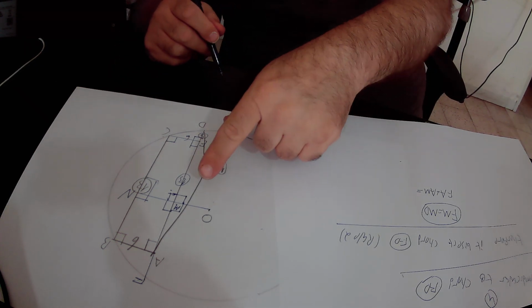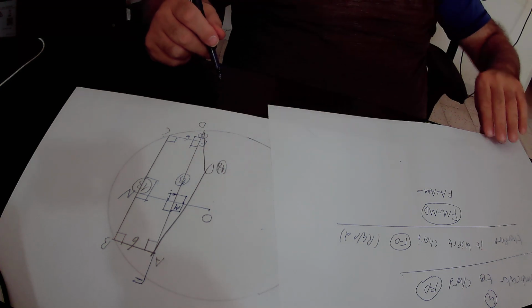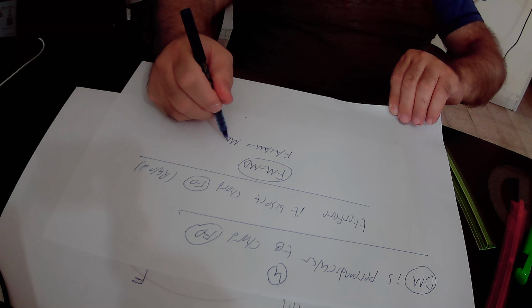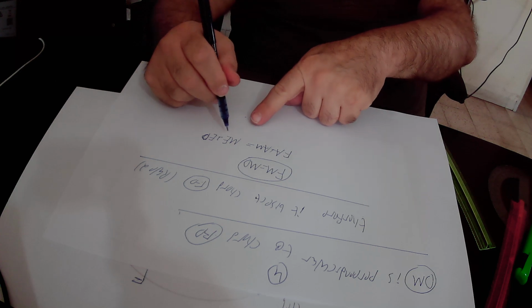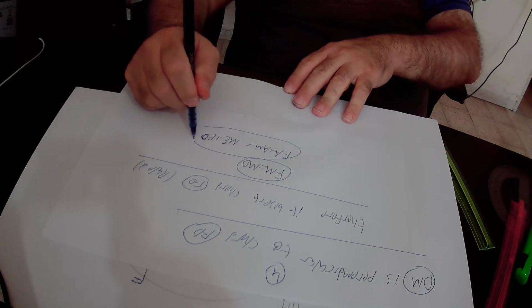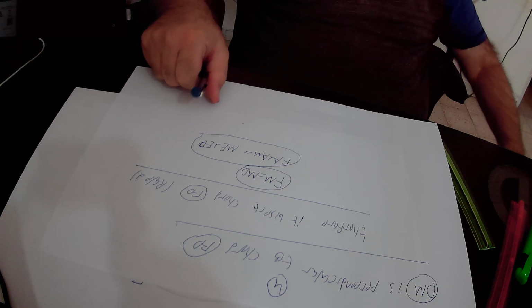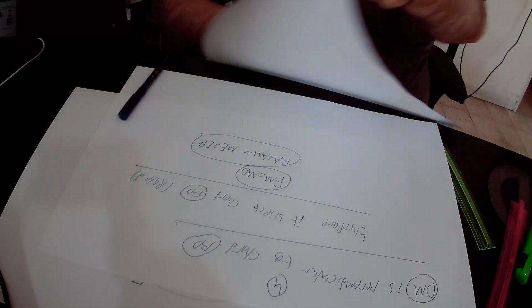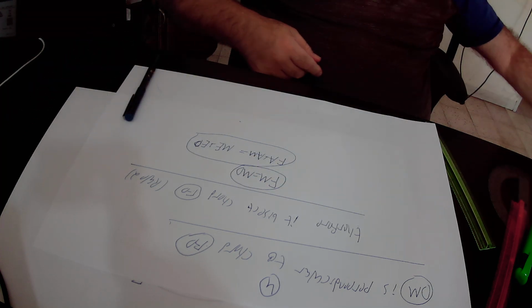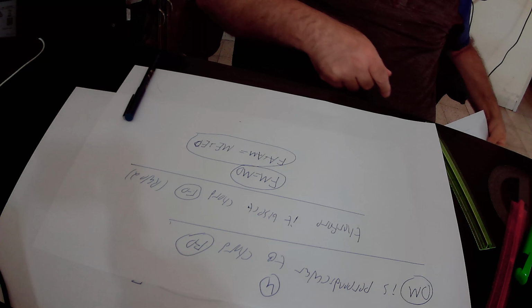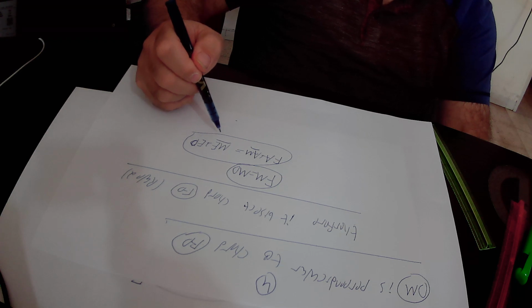So MD equals ME plus ED. We substituted MD by ME plus ED. In conclusion, we found out that FA plus AM equals ME plus ED. But we have already found out that AM equals ME. Here, line segment AM equals line segment ME.